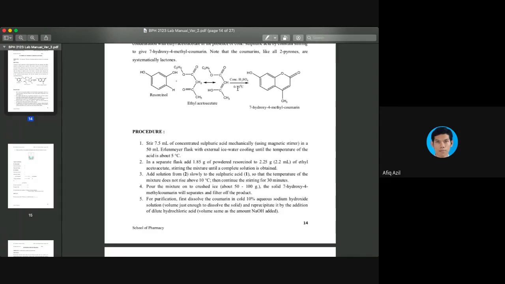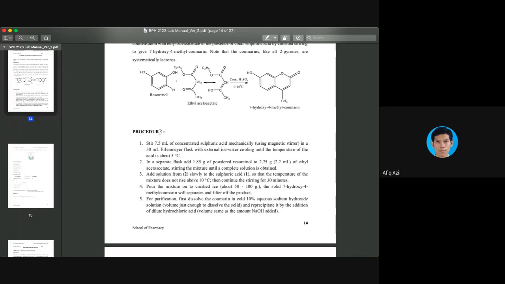You see the temperature over here, it is between 0 to 10 degrees Celsius. The first step states that you are only going to require 7.5 ml of concentrated sulfuric acid. This is quite a lot.